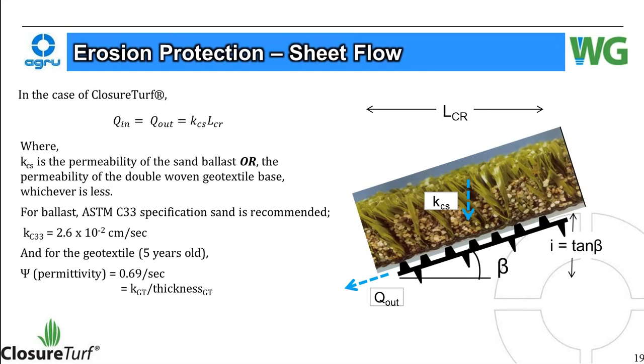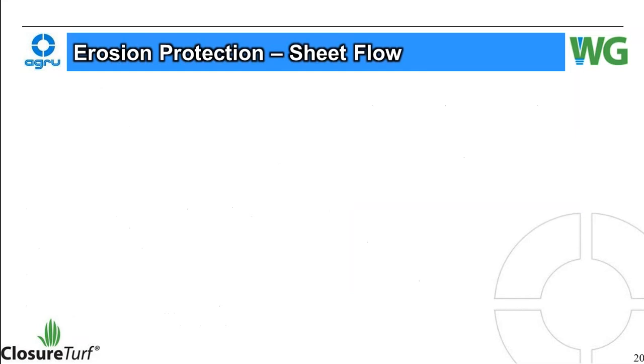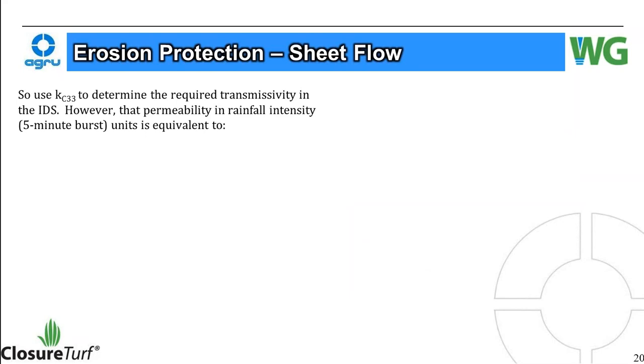Permittivity is equal to the permeability of the geotextile divided by its thickness. So for a 1.1 millimeter thick double woven geotextile, K sub GT is 7.5 times 10 to the minus 2, which is greater than the sand permeability, so we'll use that.